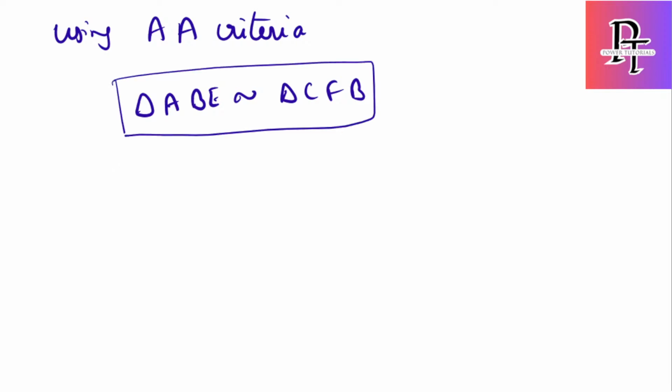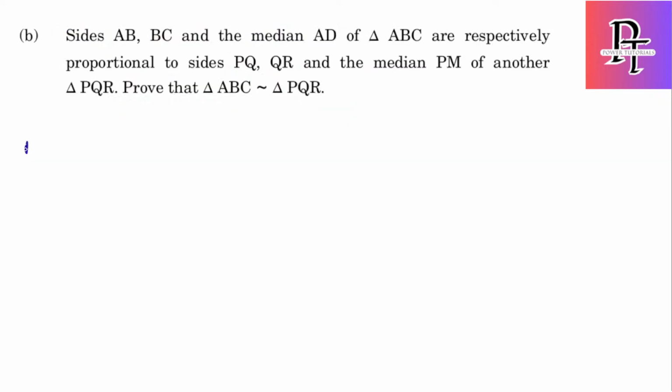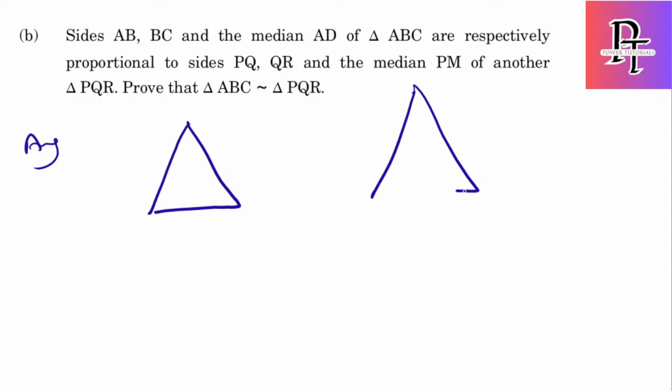Let's move to the next one. The B part, as this is optional, either you can solve the A part or the B part. As this is for revision, we have to solve both questions now. Sides AB, BC and the median of a triangle are proportional to those of another triangle. So we have two triangles now. These questions come directly from the textbook exercise itself, the same questions are in the exercise of the triangles chapter, belonging to the similarity conditions exercise. Let's mark it. This is ABC.